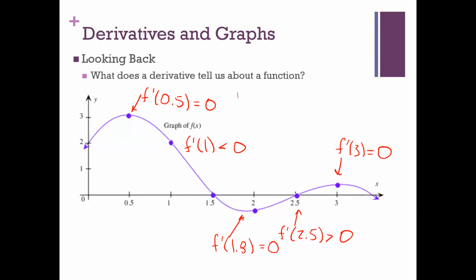Any other local extremes? Doesn't look like there are any others, but yeah, good recap, I hope, of what a derivative tells you about a function, specifically when we're concerning ourselves with graphs. Any questions on any of the labels we threw on here? Okay.